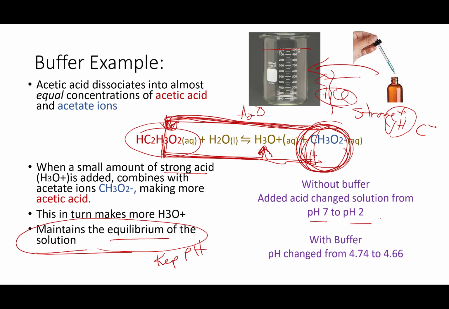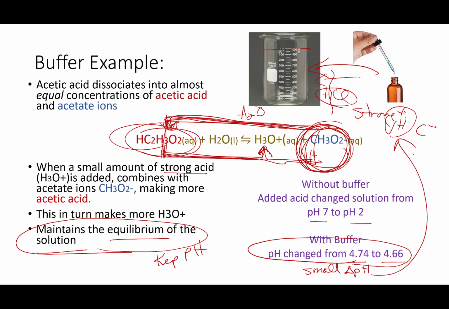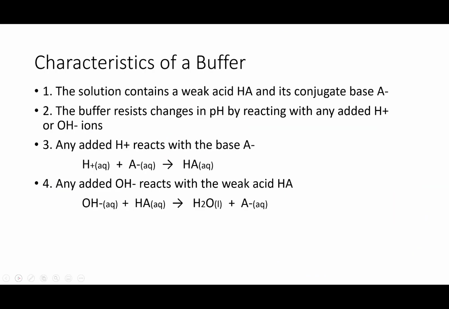When we added the buffer, because the buffer itself has some pH to it, the pH changed from a 4.74 to a 4.6. It changed by a very, very small amount when the strong acid was added from the original solution to the final solution. And that's what buffers do. They keep things in a narrow range.